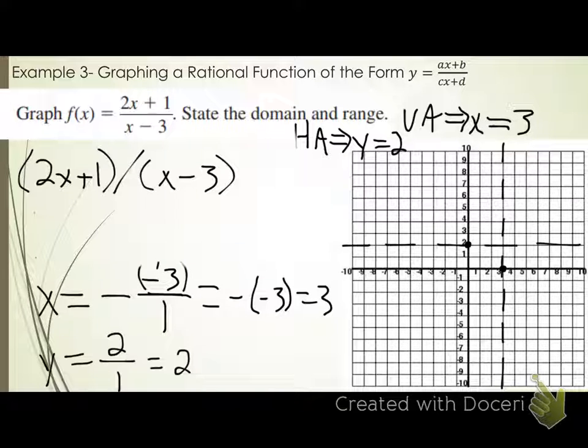Is it top right, top left, bottom right, bottom left? Top right, bottom left. And there's my hyperbola. Any questions on that?